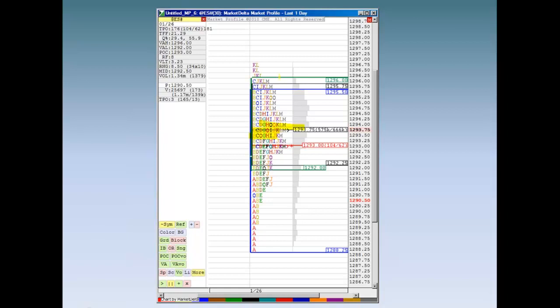So even without looking at these two green lines, you should be now able to say, aha, this is right here, this is the area of value in the market. I want you to have at least developed the basic skills of now just simply looking at the market and being able to identify where value is in an instant, just by looking at a profile.